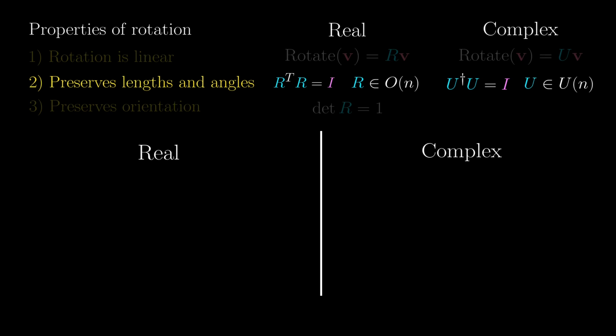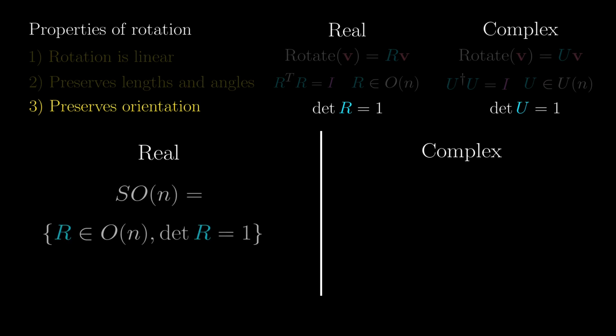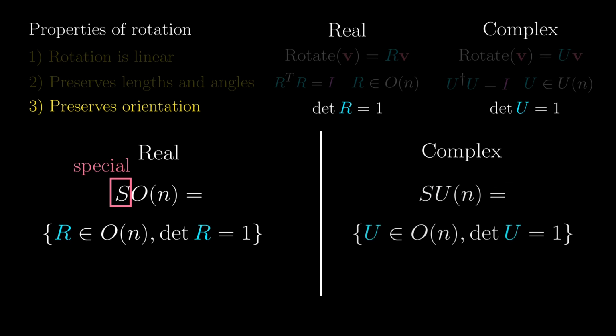Finally, even though there is no notion of orientation in the complex case, we would still want the complex rotation matrices to have determinant 1. And just like in the real case, where we denote SO(N) as the subset of O(N) with determinant 1, S standing for special, we would also denote SU(N) as the subset of U(N) with determinant 1.